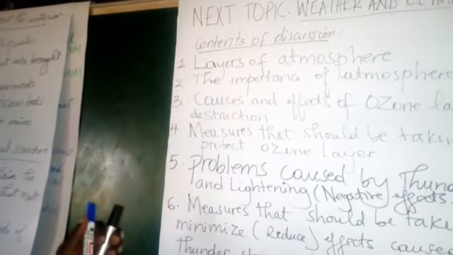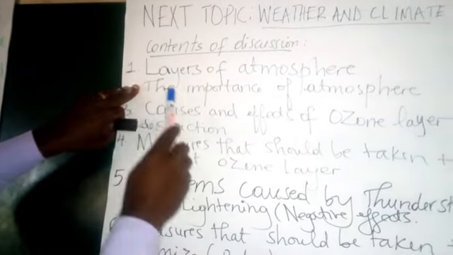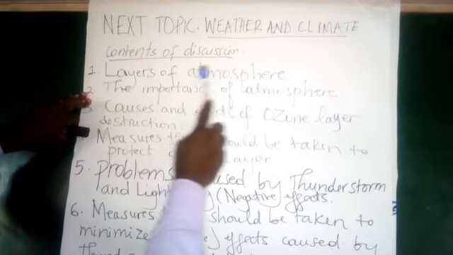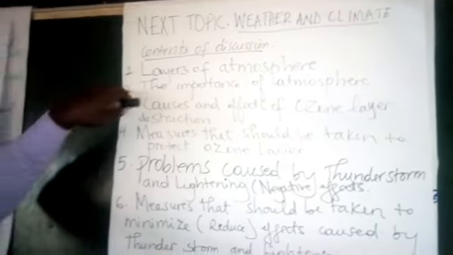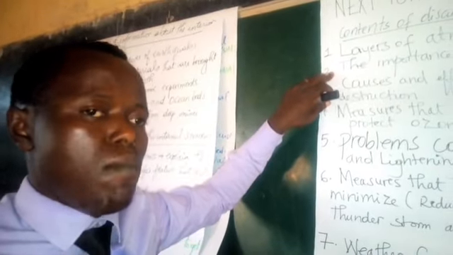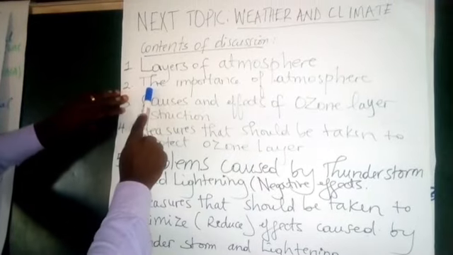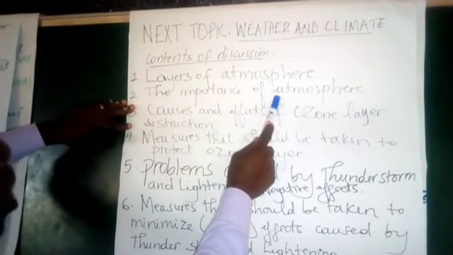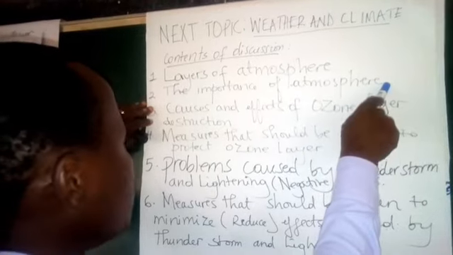For example, number 1, we shall discuss the layers of the atmosphere. That is number 1. Number 2, we shall discuss the importance of the atmosphere.